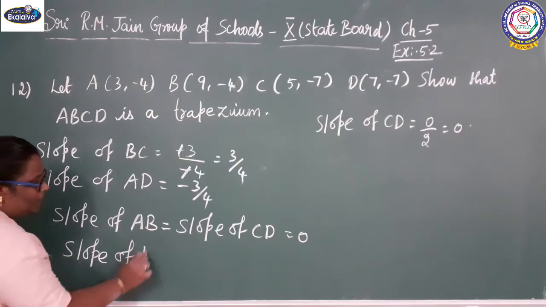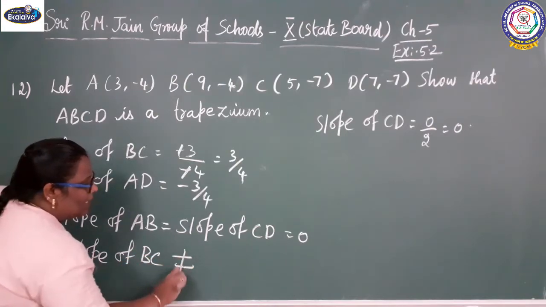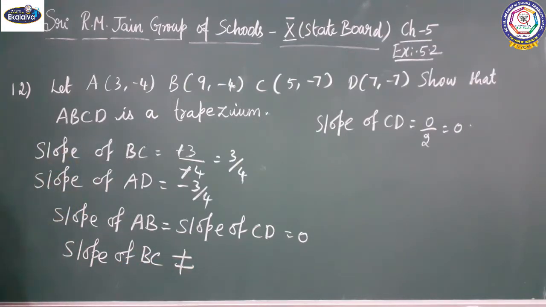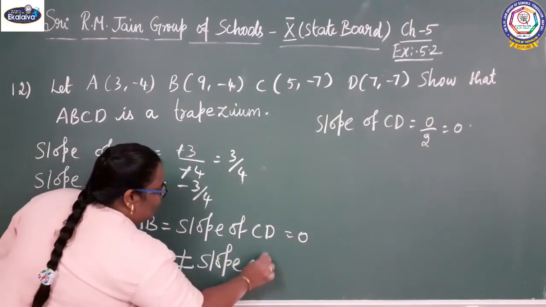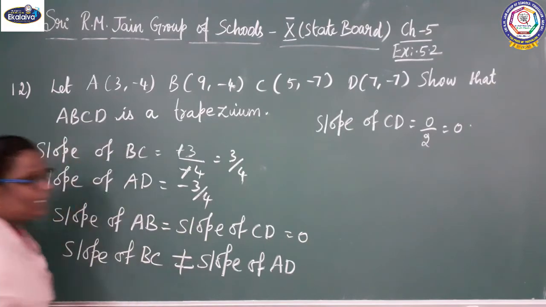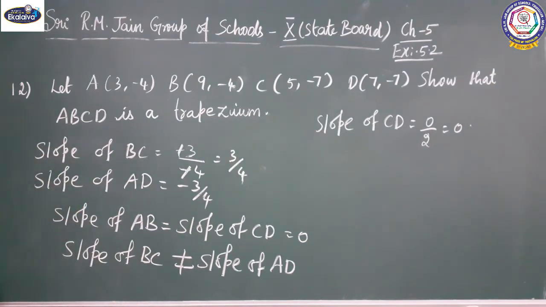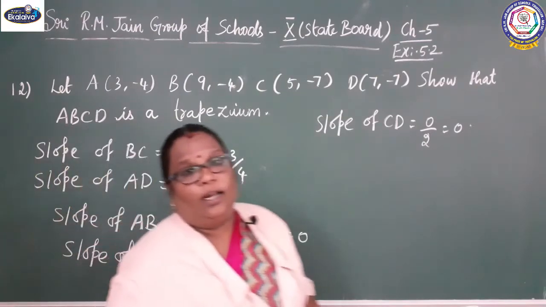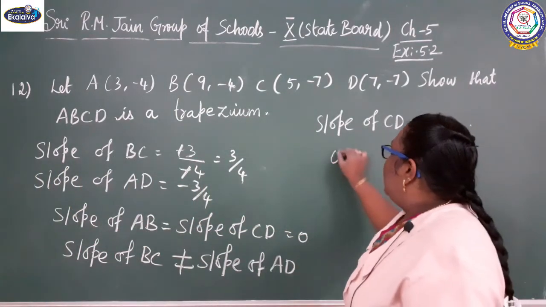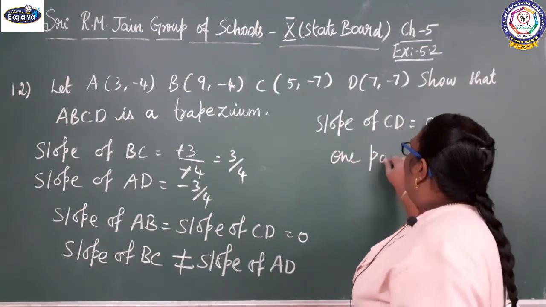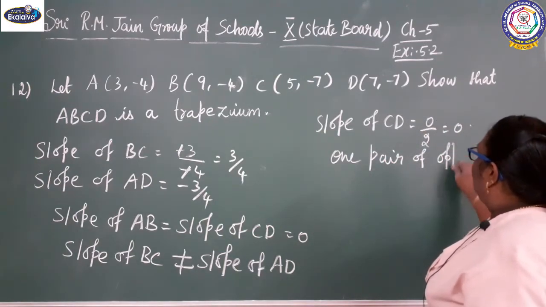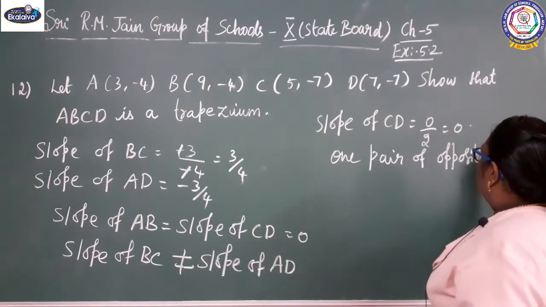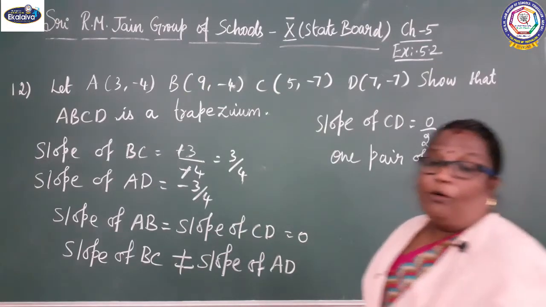Slope of BC not equal to slope of AD. So one pair of opposite sides are equal.